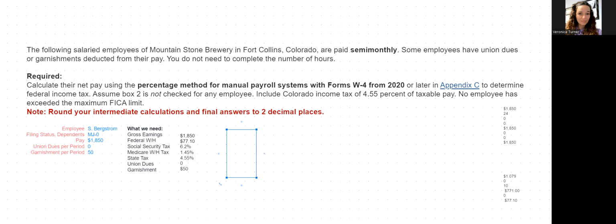I'm going to calculate state tax withholding. So again, the 1,850 times 0.0455. That gave me 84.175. So I'm going to calculate that as 84.18.